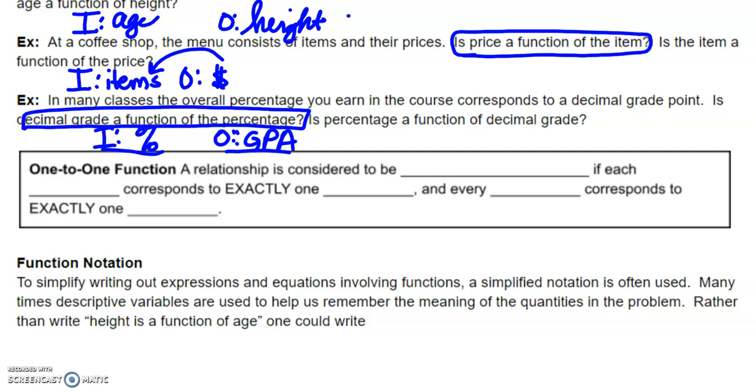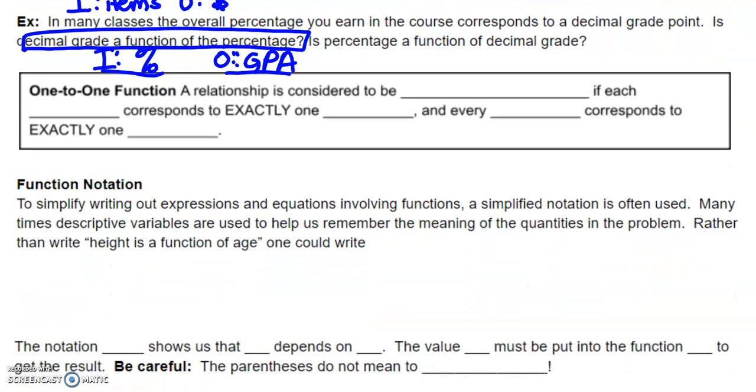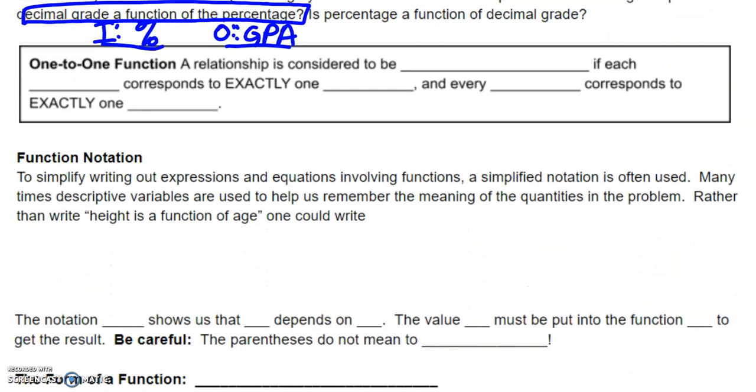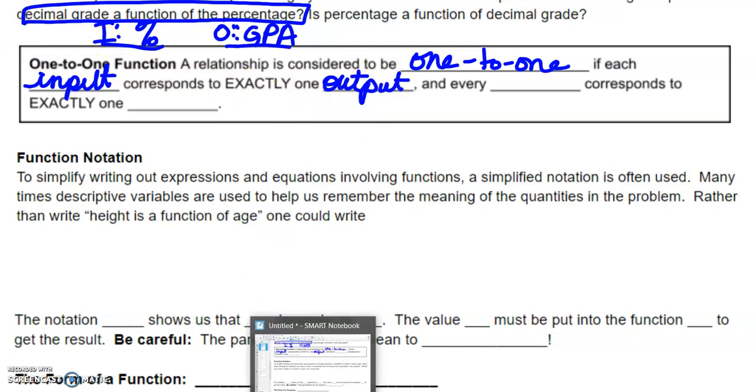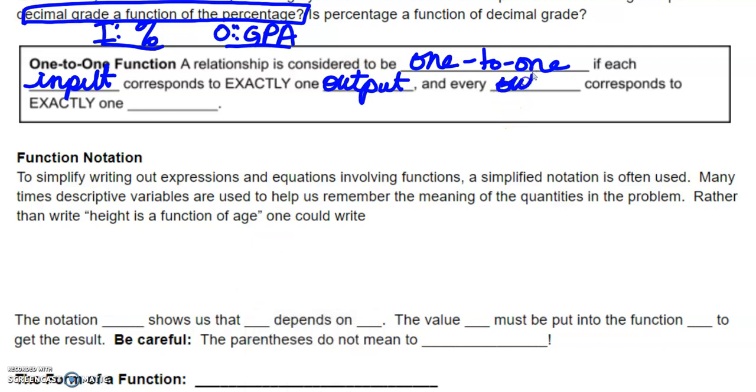Now we turn our attention to one-to-one functions. A relationship that we've talked about is considered to be one-to-one if each input corresponds to exactly one output, and that actually makes it a function, and every output corresponds to exactly one input.